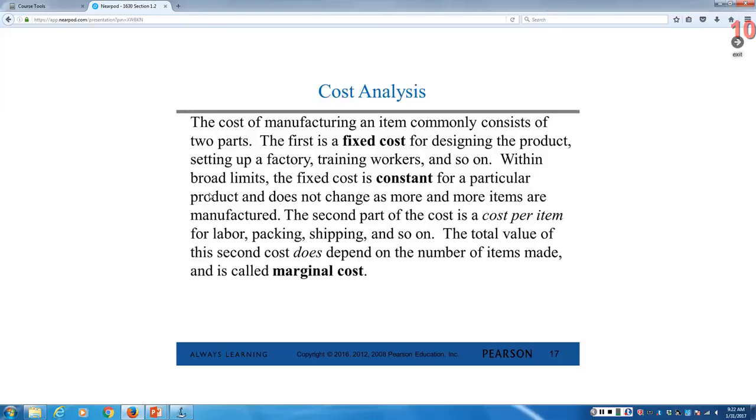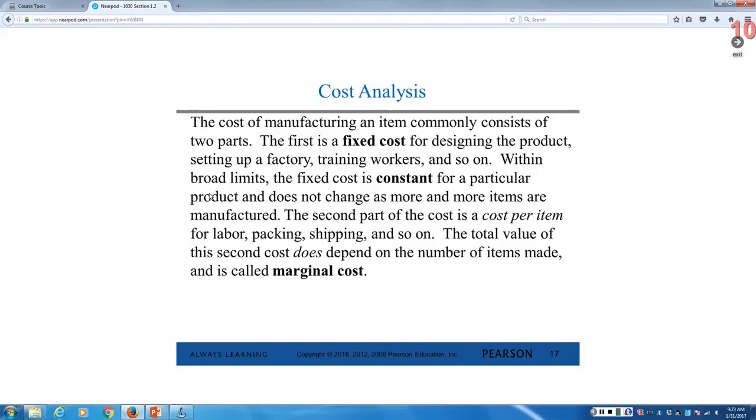So within some limits, the fixed cost is constant for a particular product, and it doesn't change as you make more and more items, whatever it is you're manufacturing. The second part of the cost, though, is something called a per item cost, and it's referred to as marginal cost.